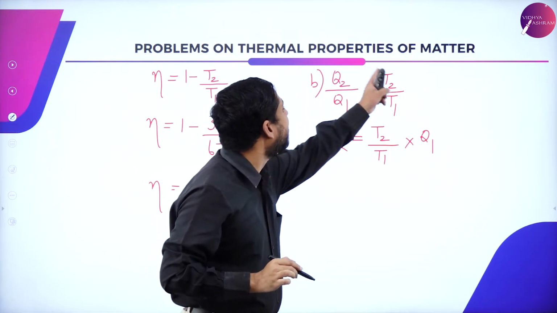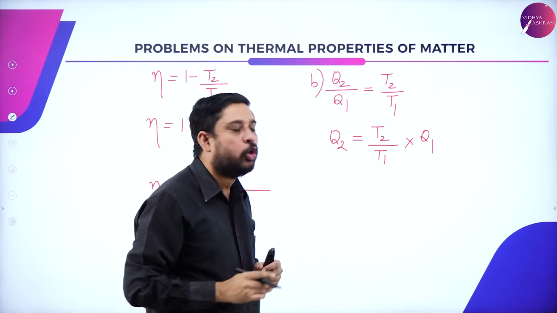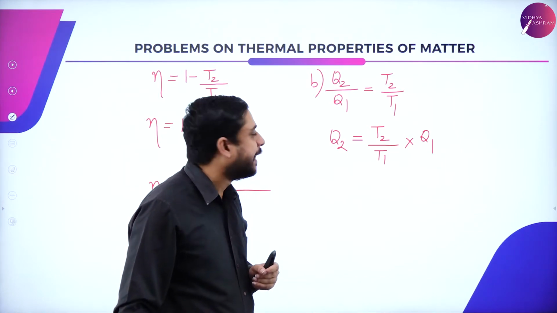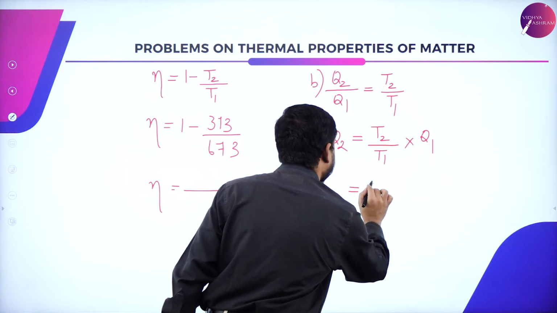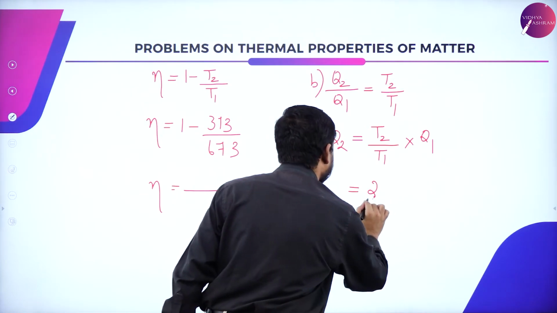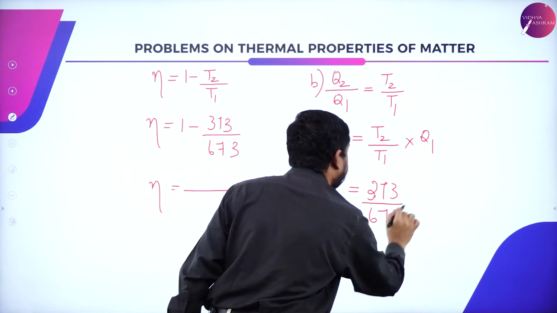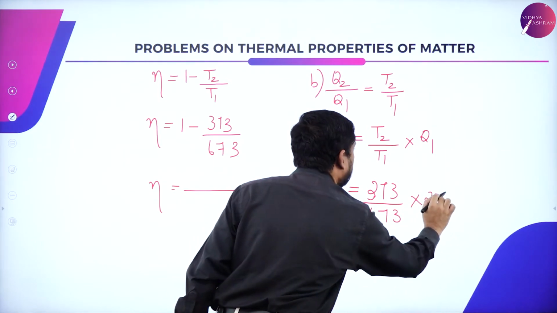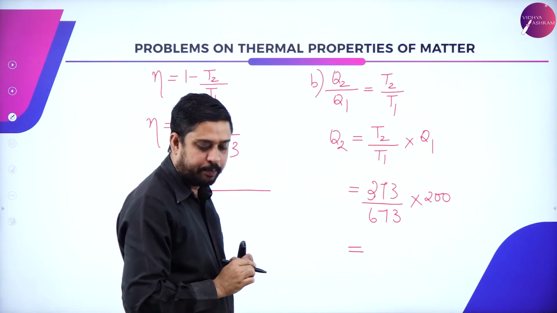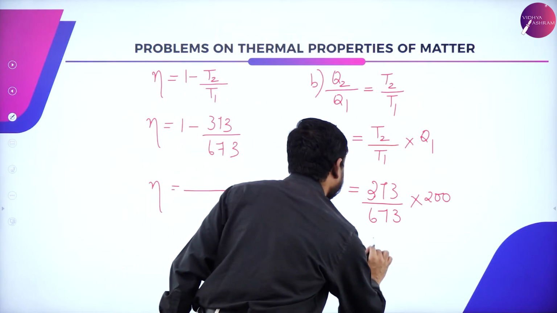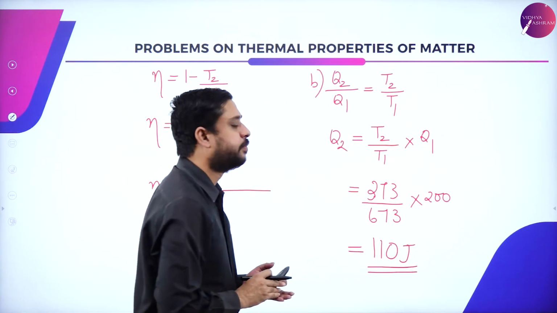Just I have rearranged this expression. So Q2 is T2 by T1 into Q1, which is 373 by 673 into 200. Again on simplification, which is nearly 110 joule.